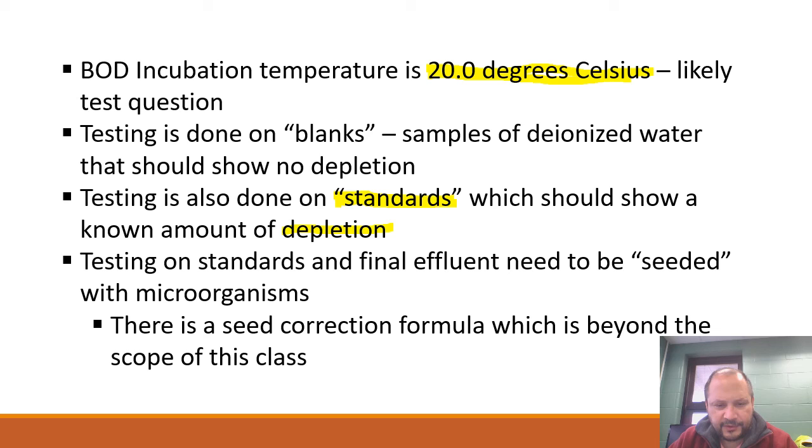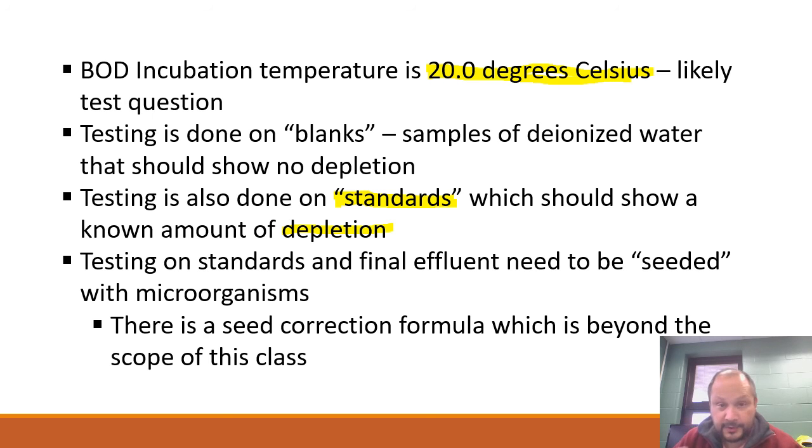When we do the testing on the standards and on our final effluent, we actually need to seed those bottles with microorganisms, because if you think about it, there should not be any microorganisms in our final effluent after it's gone through disinfection. We also seed the standard bottles so that we can make sure that we put some microorganisms in the bottle to actually consume that organic material and use up oxygen in the process.